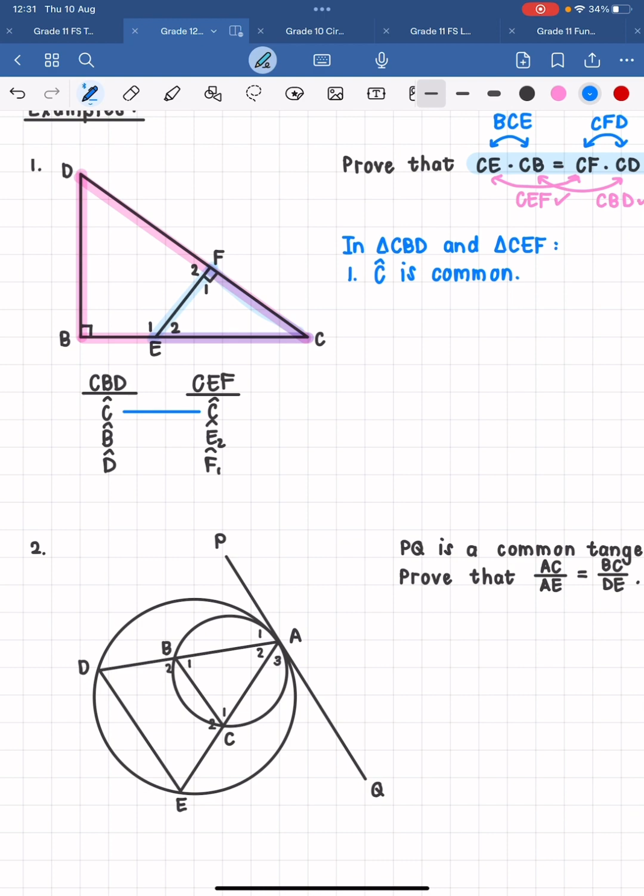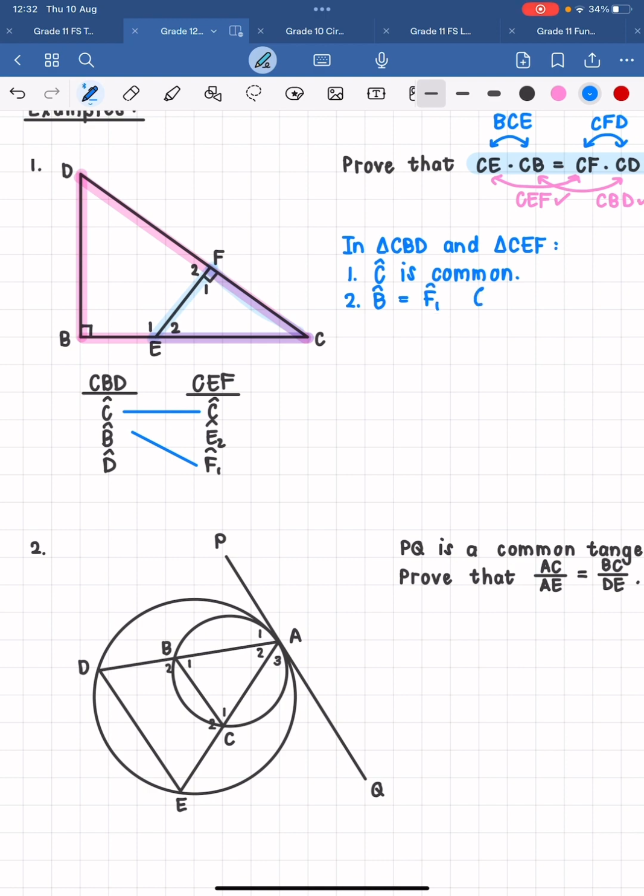Okay, now we need to show either that B is equal to E2 or B is equal to F1. What do you guys think? B is equal to F1. They're both equal to 90 degrees. There we go. That information was given. So number 2, B is equal to F1.